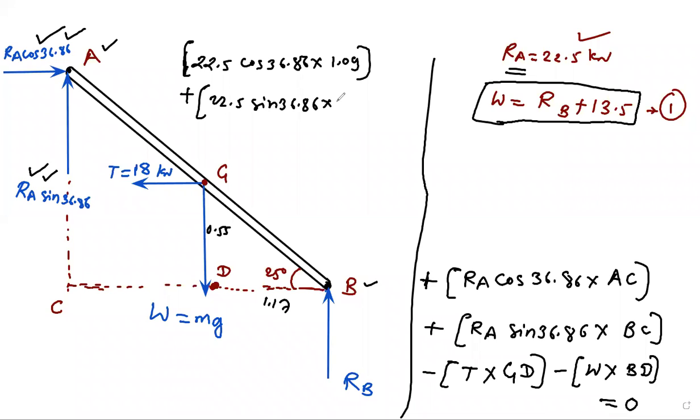BC is 2.36, minus 18 into GD, which is 0.55, is equal to W into BD, 1.17. So we'll get W is equal to... please find out this value.